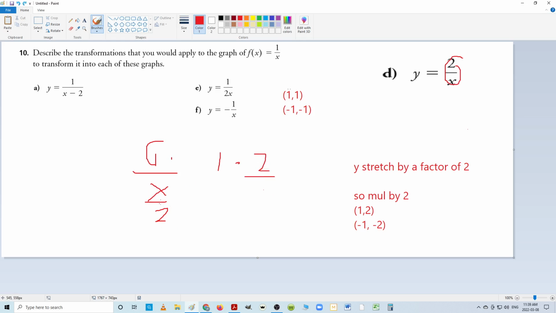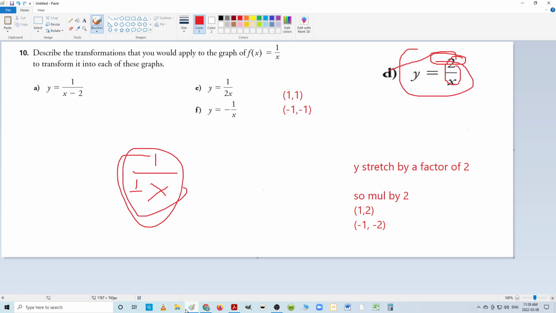So technically, I could also, and this is very annoying, and you should skip it if this confuses you, I can also describe this vertical stretch as a horizontal stretch by a factor of 2. And this is obviously an easier way to look at it, and I prefer you look at it this way. But technically, you will also have this.